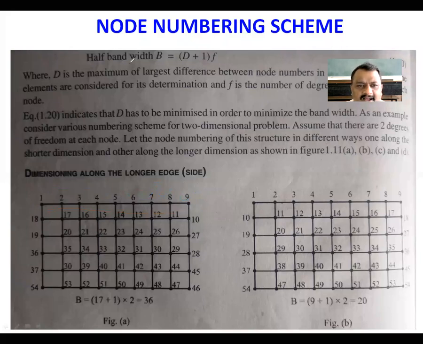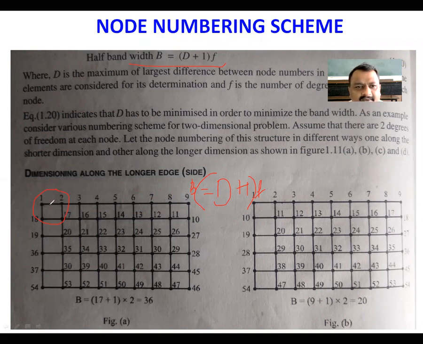According to the half bandwidth, B equal to (D plus 1) multiplied by F. What is happening here? Take any element, say the first element; it will be the same.